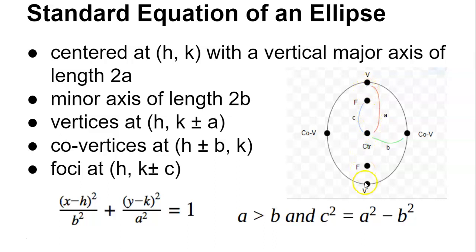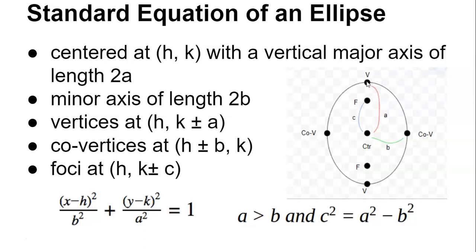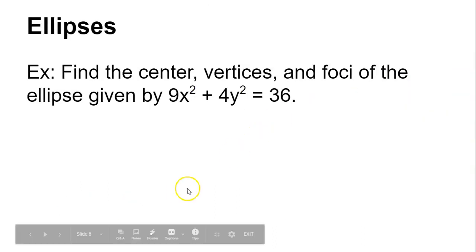So here's the major axis for the vertical one, and notice that the major axis goes from one of the vertices through a focus, through the center, through the other focus, and up to the other vertex. Okay? So let's take a look at this problem here.